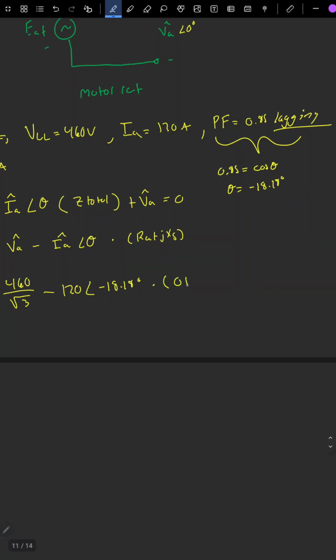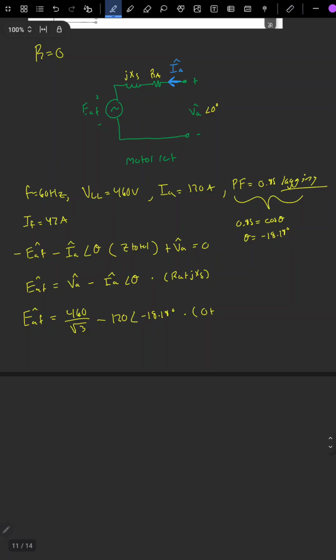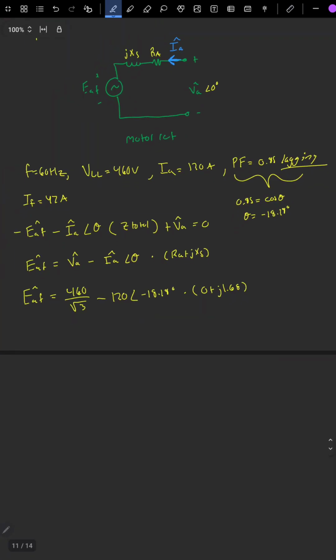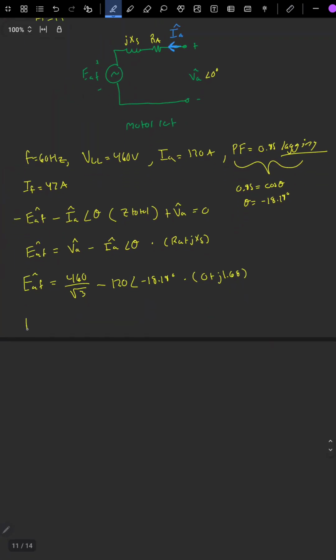Multiplied by 0 plus JXS, where we know that XS, I didn't write it down, is 1.68. So you all have calculators, you could calculate this.